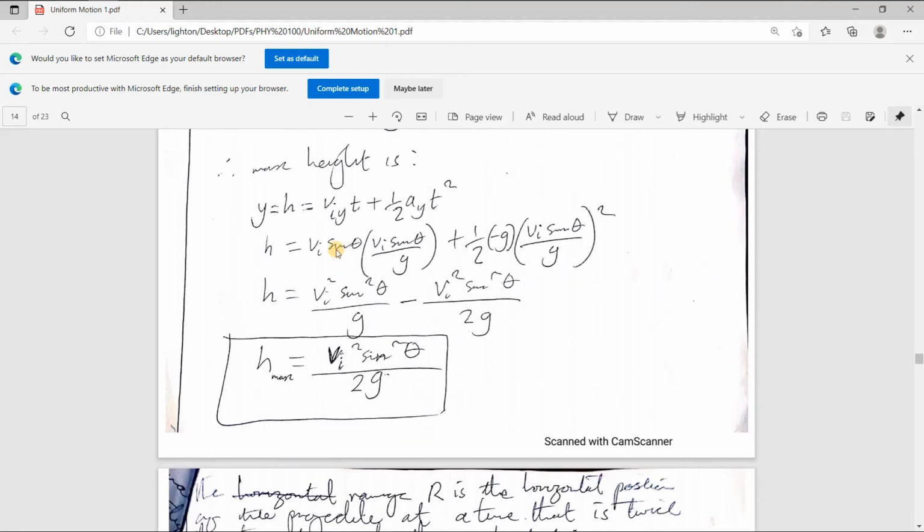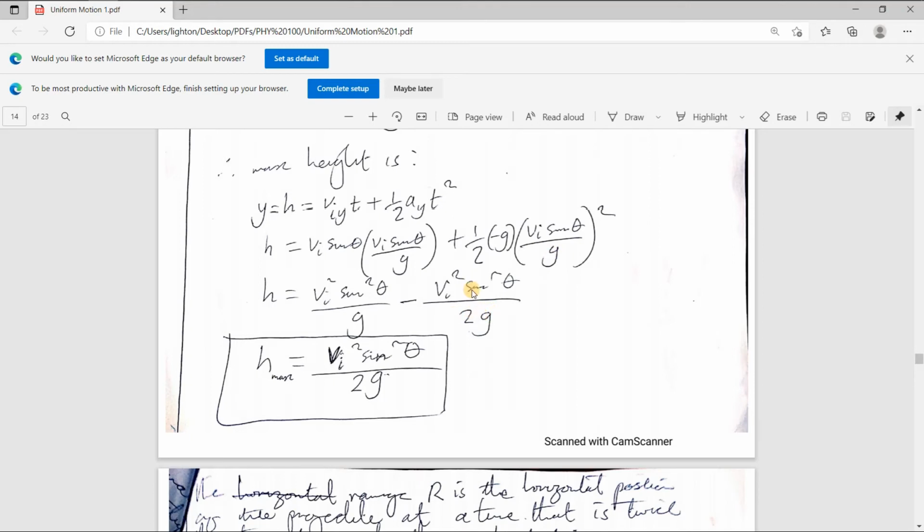Okay, so now what is this times this? You see there's a Vi here and there's a Vi here. When we multiply, they will become Vi squared. There's sine theta and sine theta to become sine squared theta over this same g, plus now there is a half here, which has come back here as a 2 in the denominator. Now there's a g there and there's a g there, but this g is squared, so after this one cancels out, we remain with 1g.